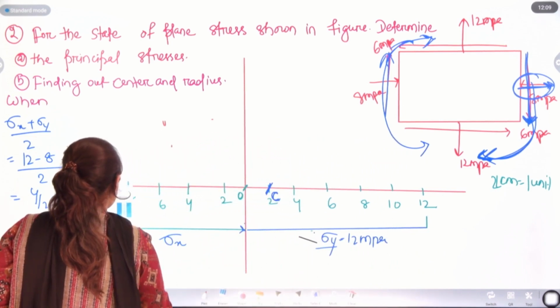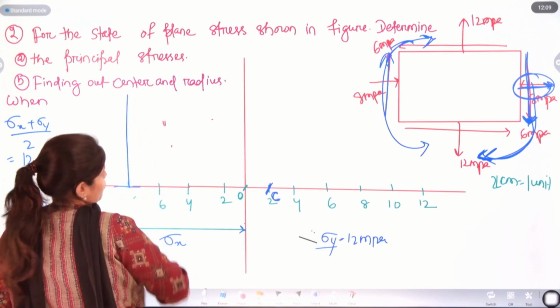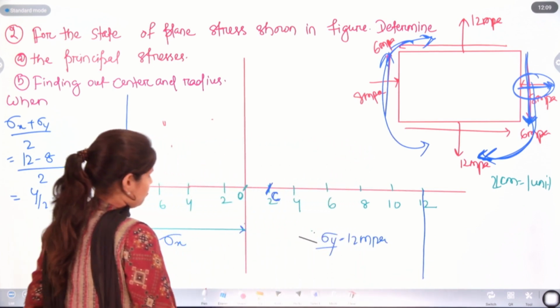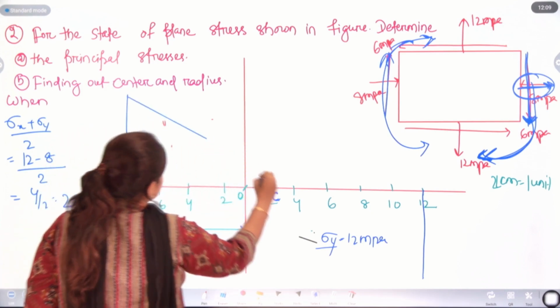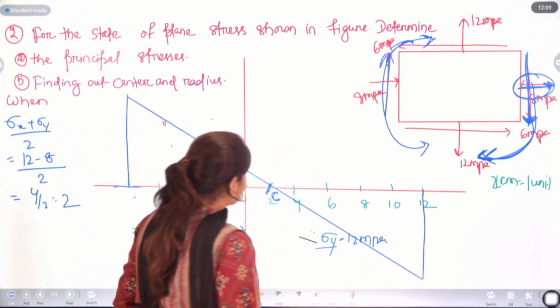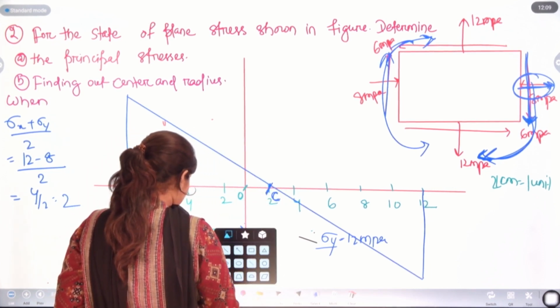It will be positive, and in y axis here it is negative. Okay, let's join this. After joining this, you can see a midpoint is at same place.